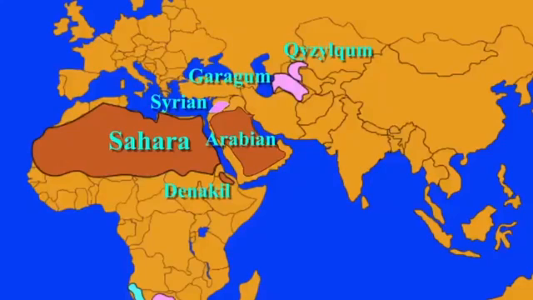The next one is the Taklamakan Desert. It is a desert in northwest China. It is bounded by the Kunlun Mountains to the south, the Pamir Mountains and Tian Shan to the west and north, and the Gobi Desert to the east.